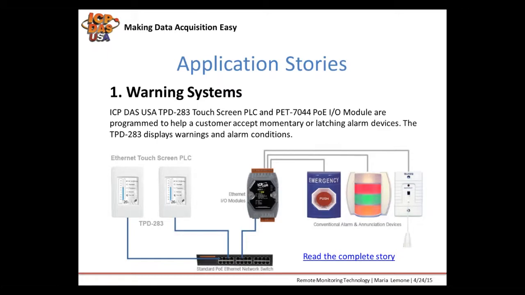The input and display panels are all Ethernet PoE powered devices for simplification of deployment. The versatile micro-touch systems may be programmed to accept momentary or latching alarm devices and may be assigned to be displayed in various ways at various locations.